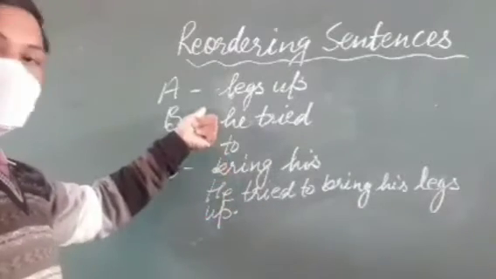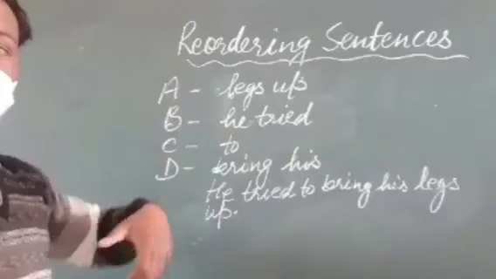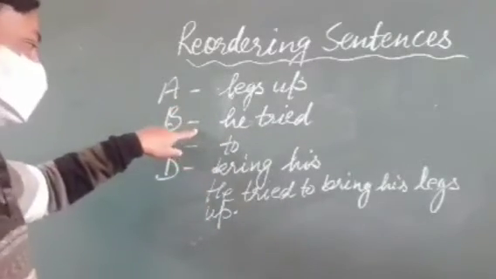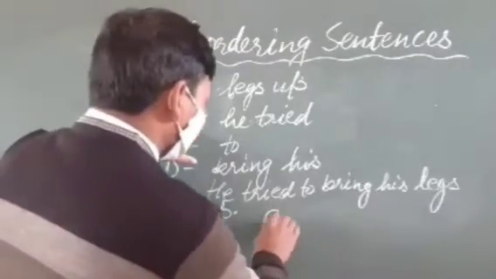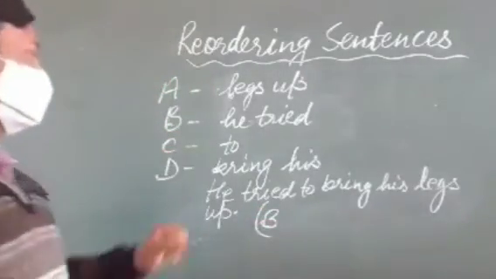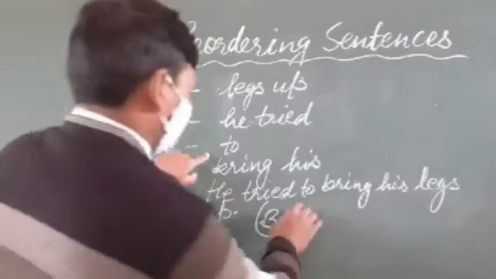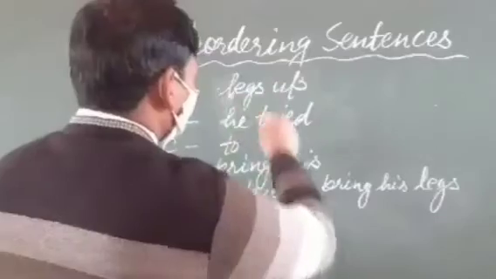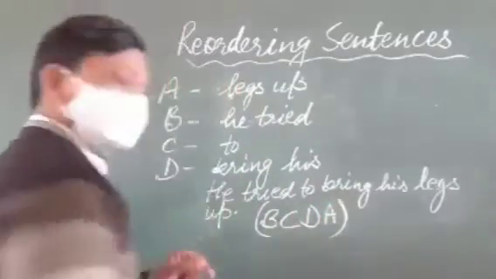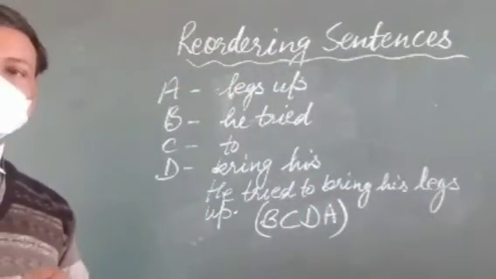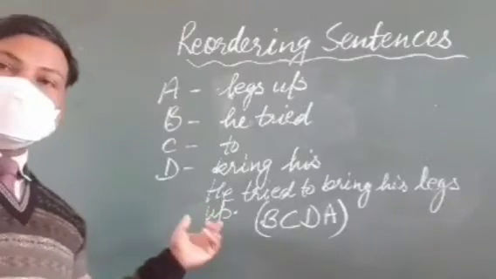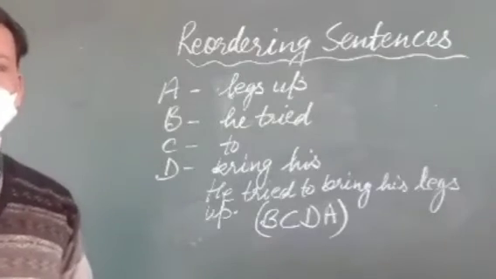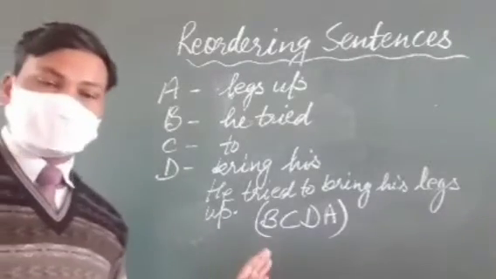So the option you are going to choose, the option is he tried, that is B. To, C. D, bring his, and then legs up. So in this way, if you write, you are not going to make any mistake in your examination and your answers would be correct.